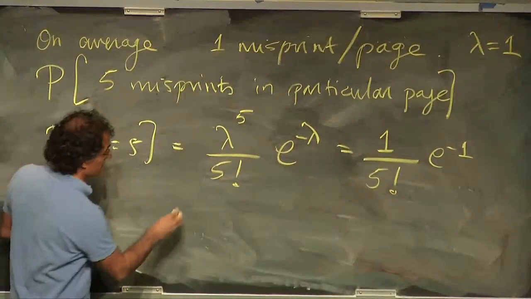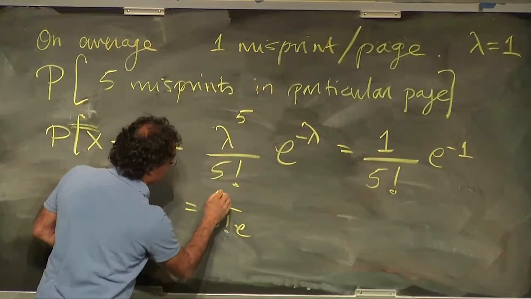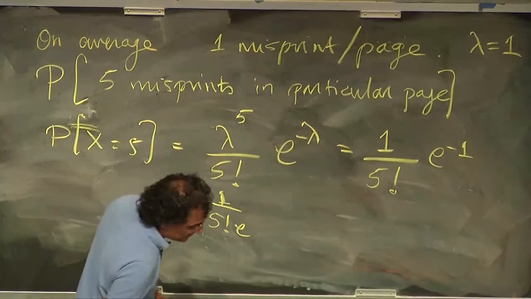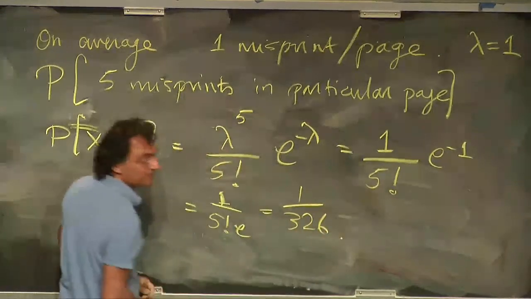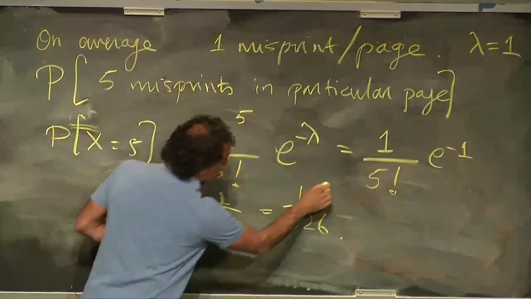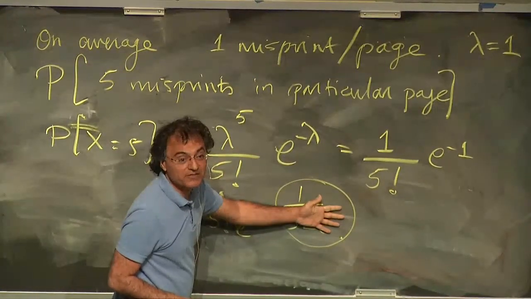Right? So that's 1 over 5 factorial times e. If you calculate that, it turns out to be about 1 over 326. Okay? So you can actually put a fairly exact number saying this is the probability that you get 5 misprints.